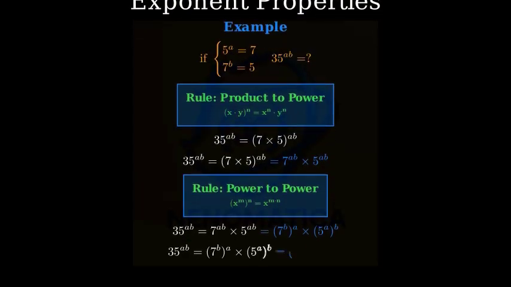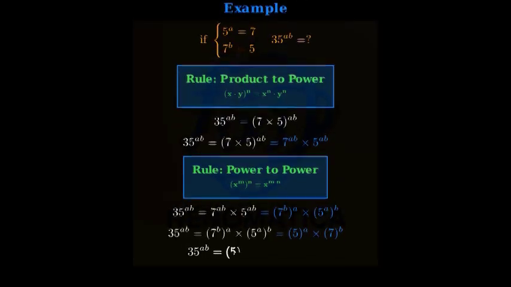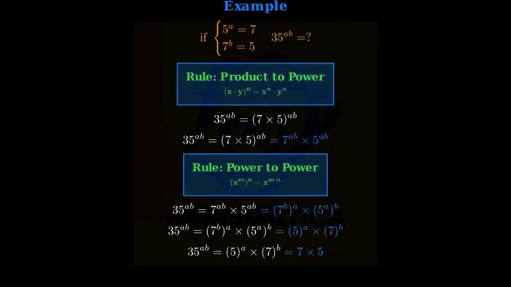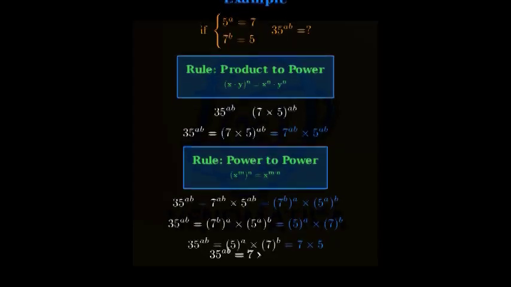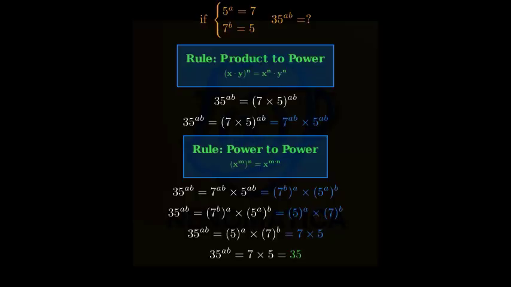So let's substitute these values. 7 to the b to the a power becomes 5 to the a power, and 5 to the a to the b power becomes 7 to the b power. From our given conditions, we can now substitute 5 to the a equals 7 and 7 to the b equals 5. This gives us 7 times 5. Finally, we multiply 7 and 5 to get 35.